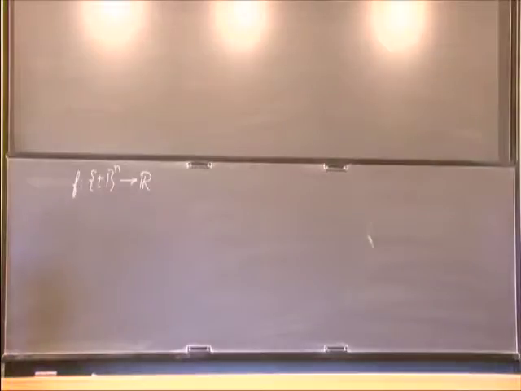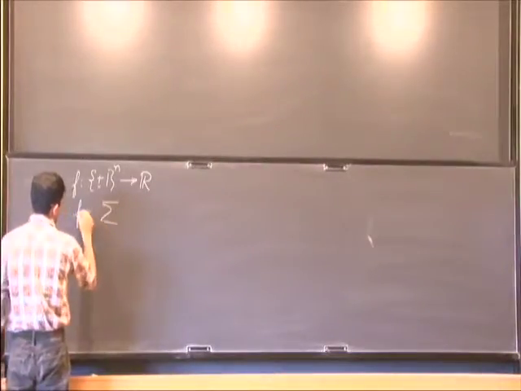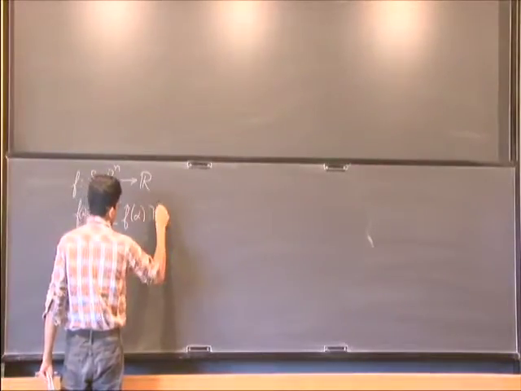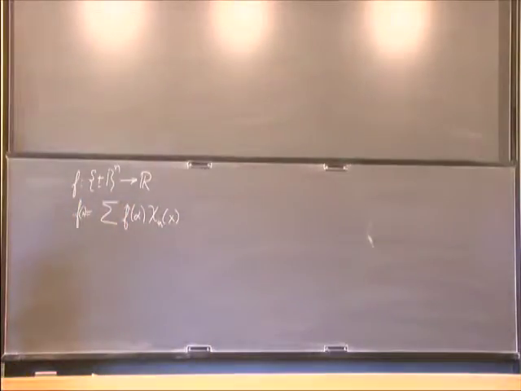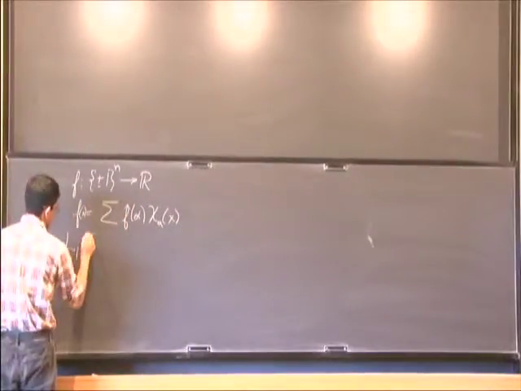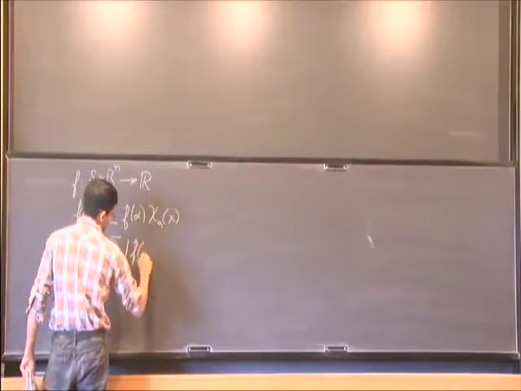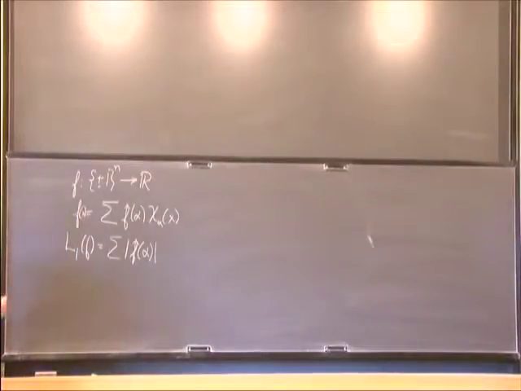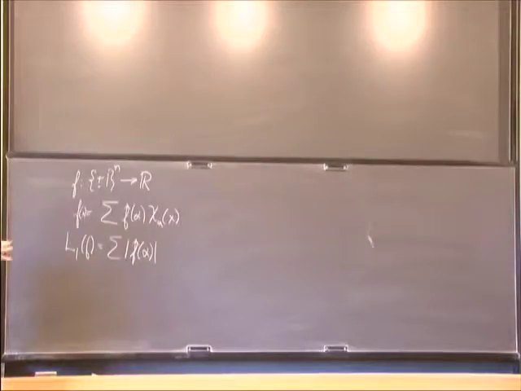I can write the Fourier expansion of this function, which is basically writing it out in the basis of parity functions: the summation of f hat alpha chi alpha x. The L1 norm is defined as the summation of the absolute values of the Fourier coefficients. This summation can be over just the non-trivial parity functions, but I'm going to ignore this distinction throughout this talk.